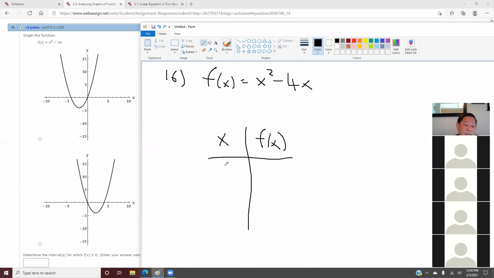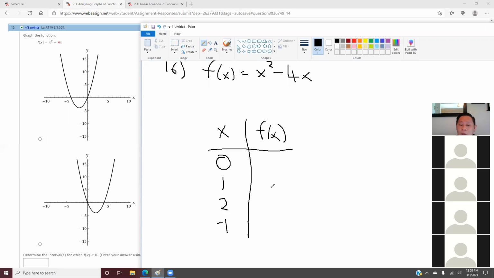Usually we pick 0. Can you give me another few numbers to plug in here? 1. What else? 2 and 3. Don't use all positive, so make sure you use some negative number too.